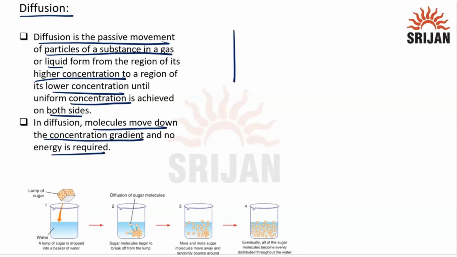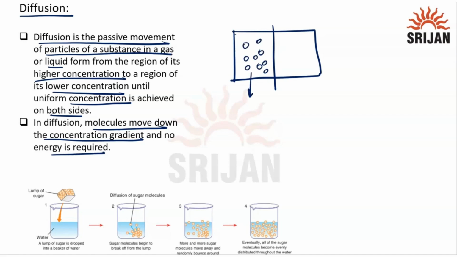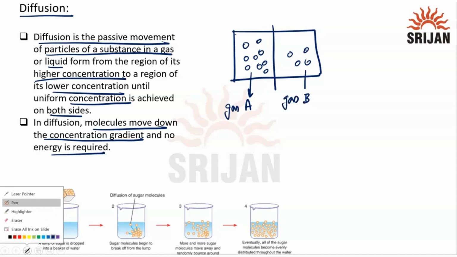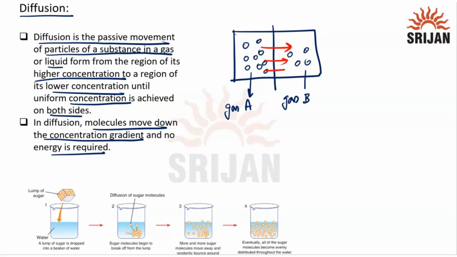So think about this is a jar, and over here the jars are separated. Here the concentration of A molecule is higher and here the concentration of B molecule is lower. Just think about this A or B are gas, gas A or gas B. So definitely we all know that gas A will be passing from its higher concentration to its lower concentration, and that is called diffusion.